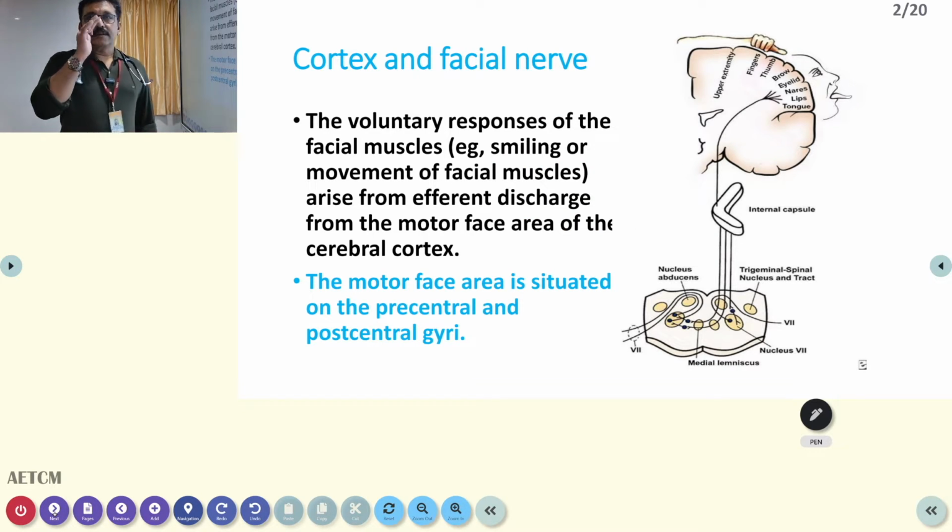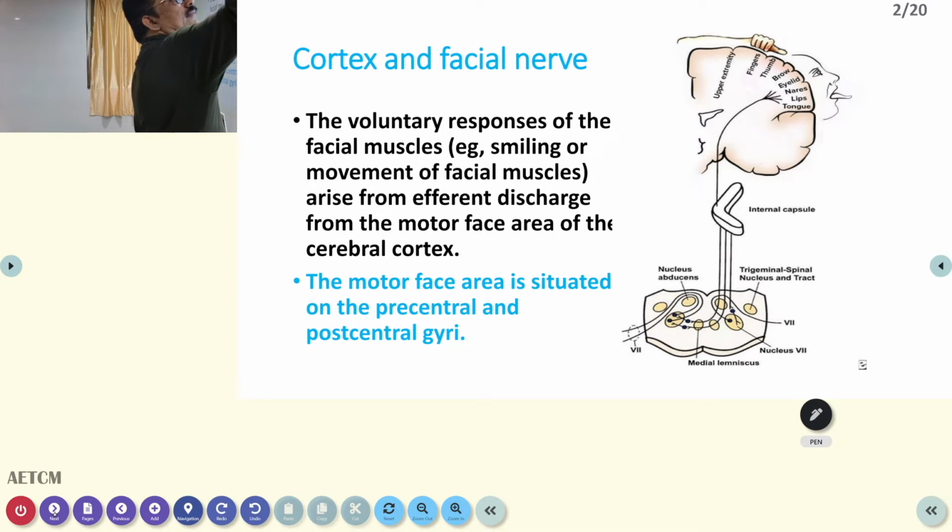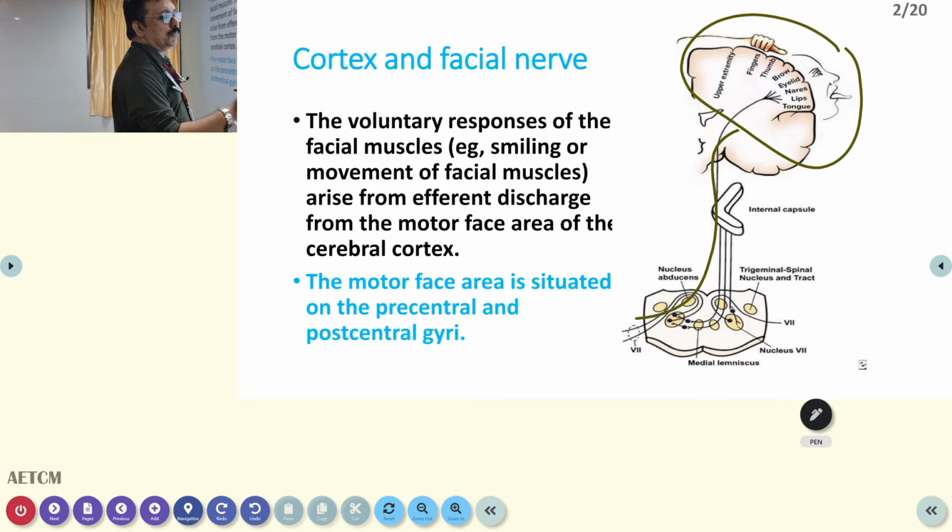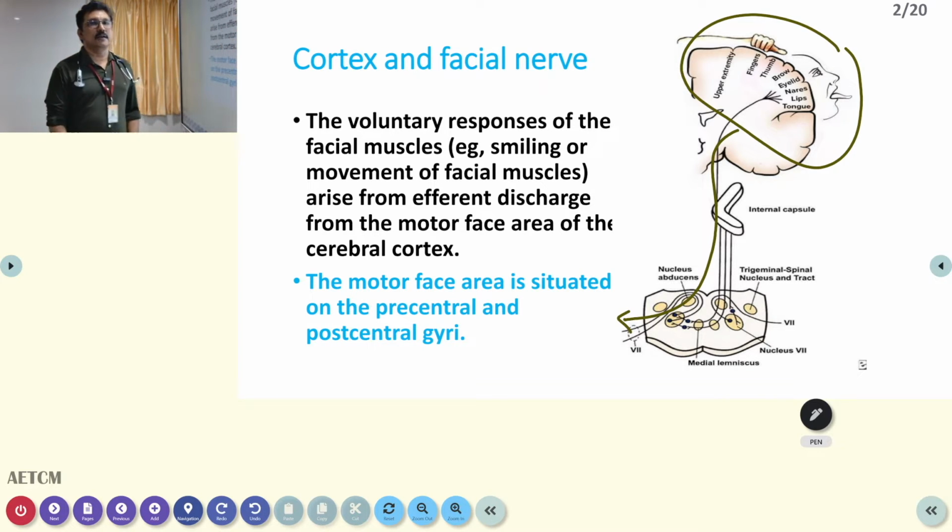The voluntary response from the face, like smiling, movement of the facial muscles, all these movements are controlled from a discharge from the motor face area in the cerebral cortex. You can see the diagram here. This area controls our face, especially the opposite side of the face.